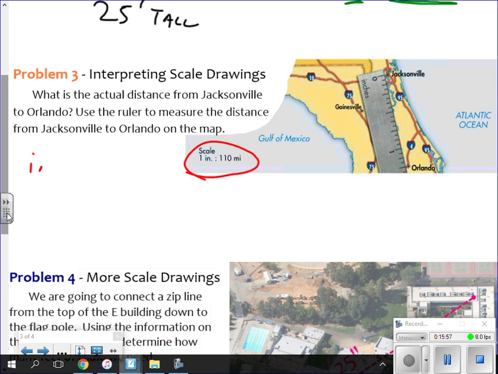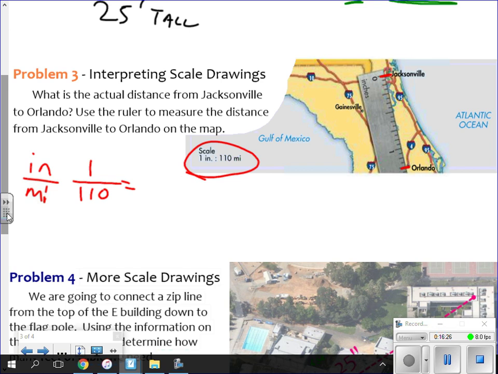So I have inches to miles. Remember the units. We were talking about the units the other day. Keep your units straight. So I have inches over miles. So the scale says I have 1 inch for every 110 miles. And that equals, well, I want to find the distance from Jacksonville to Orlando.